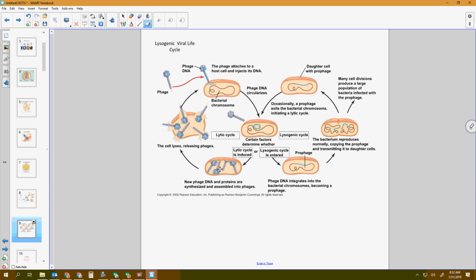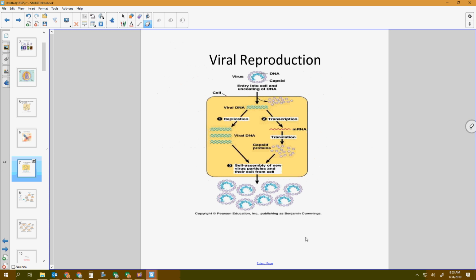That virus enters back into the lytic cycle. And so the life cycle of a virus can oftentimes be characterized by the switching between the lysogenic and the lytic cycles. This type of viral reproduction can actually be used to benefit people.